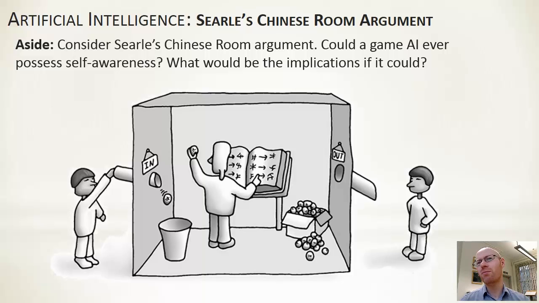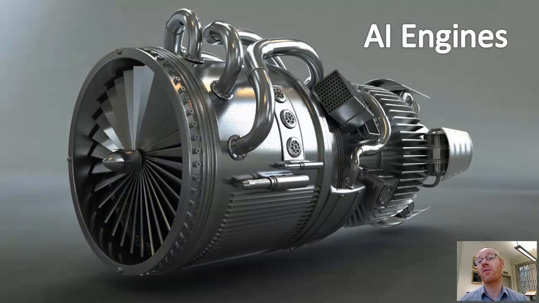And if so, what are the implications on creating and on playing games within which you have such a type of artificial intelligence? Searle's Chinese room argument is a question about, well, what does it take actually to create a system that does have self-awareness? What does self-awareness actually mean? At what point does it emerge, and what type of system does it need to emerge from? All quite interesting questions to ponder.